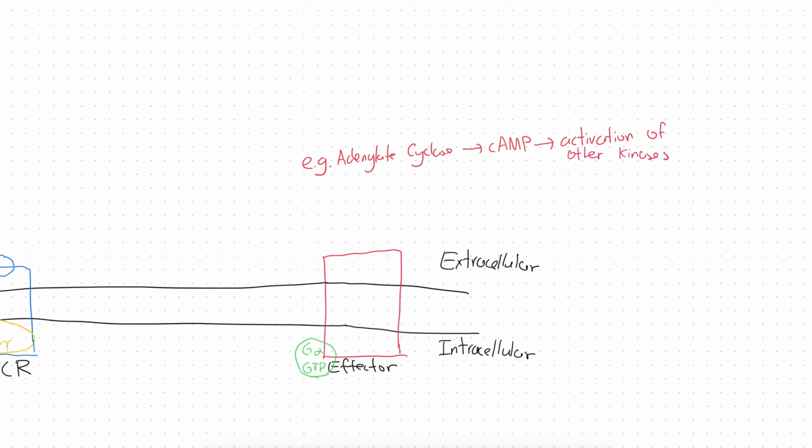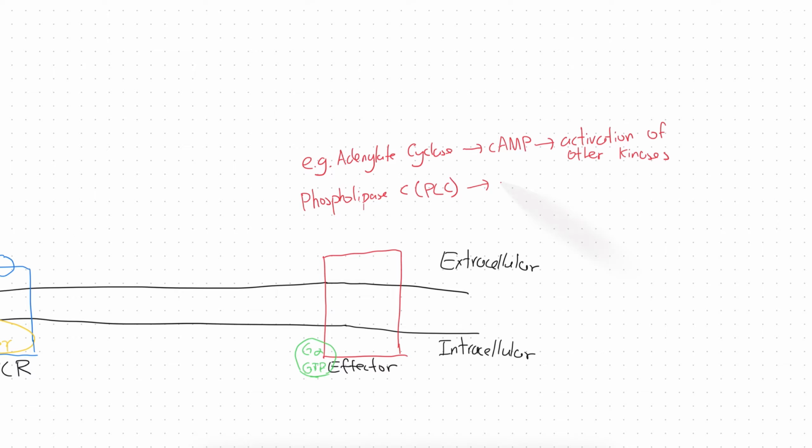The effector can also be a phospholipase C, which is also called PLC. When you activate that, it cuts membrane lipids to create second messengers like IP3 and DAG.